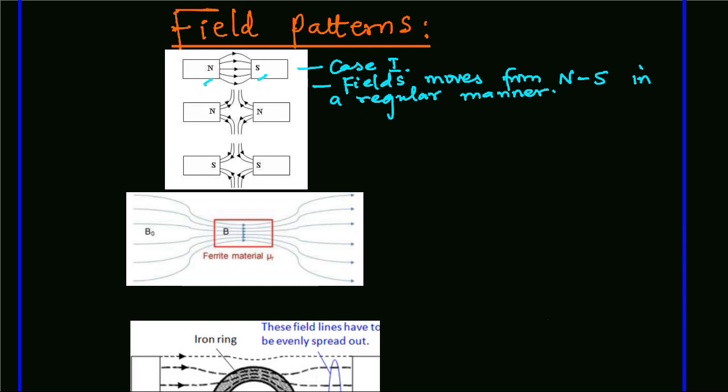Such a repulsion between fields leaves a point between the two poles, point X, which is called the neutral point. The same point will also exist between two south poles.